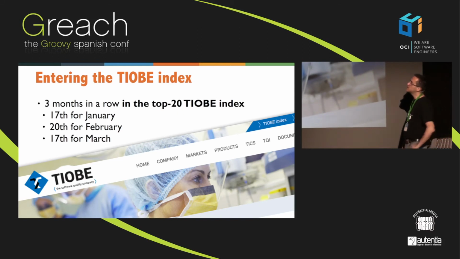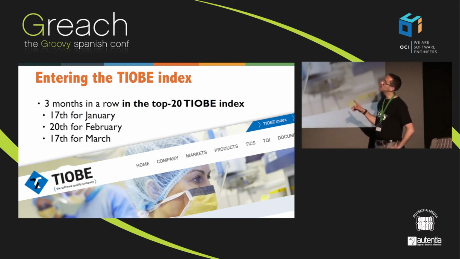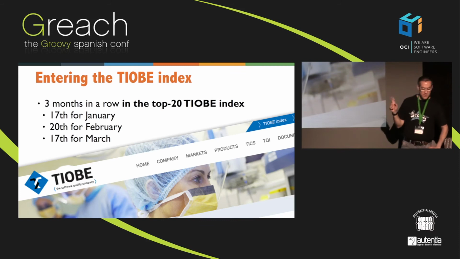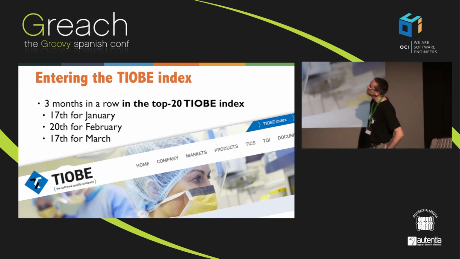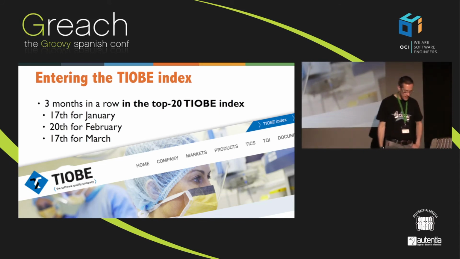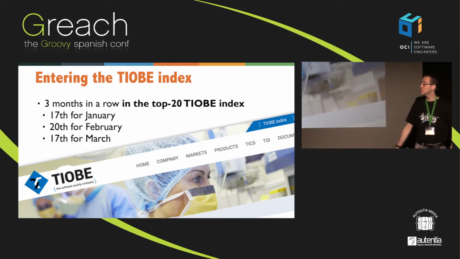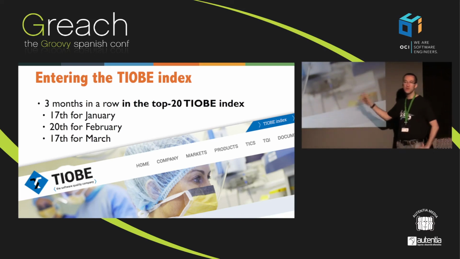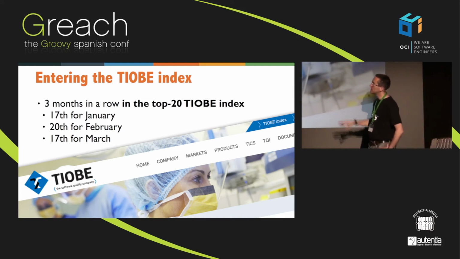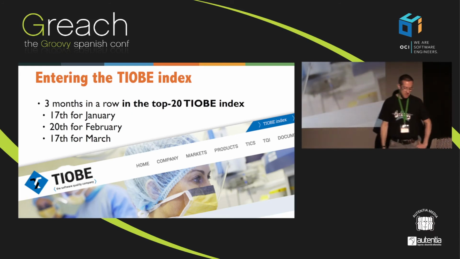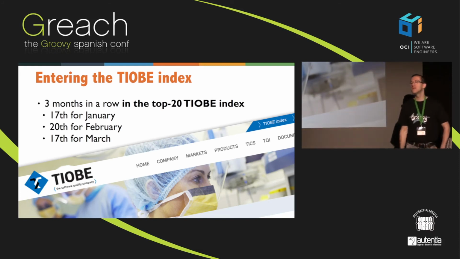But it also meant that since the beginning of the year, we're now in the TIOBE index, in the top 20 languages of the index. So we are ranging between the 17th and 20th rank. It's quite nice, but don't read too much into that, because for me, those kinds of indexes are not very meaningful.